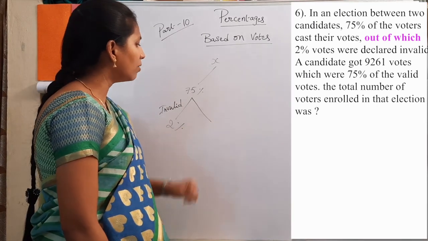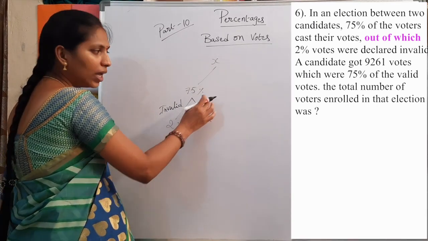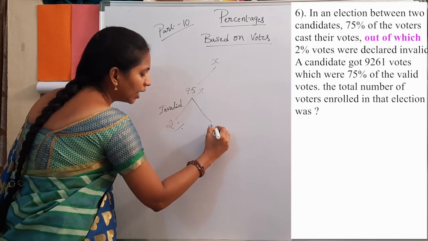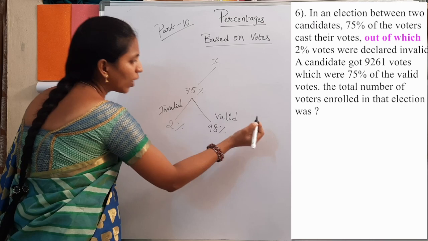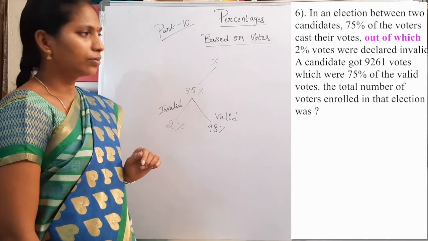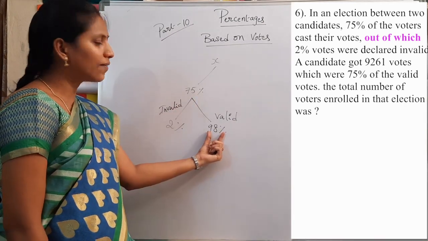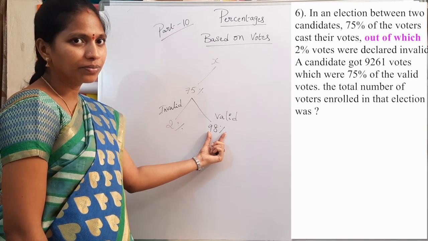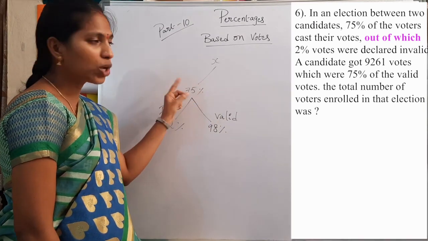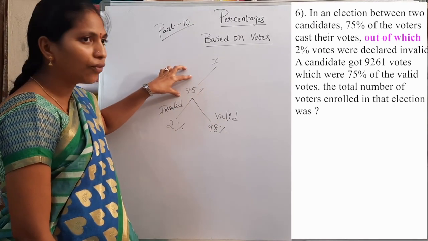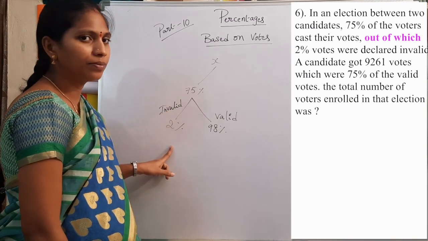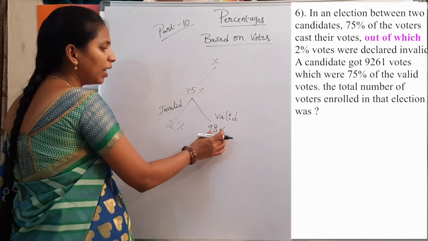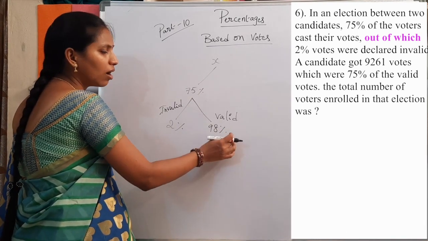What are the remaining votes? 2% invalid, the remaining 98% are valid votes. Don't write 73% here, because this is a percentage out of which 2% are invalid. Okay, the remaining 98% are valid.